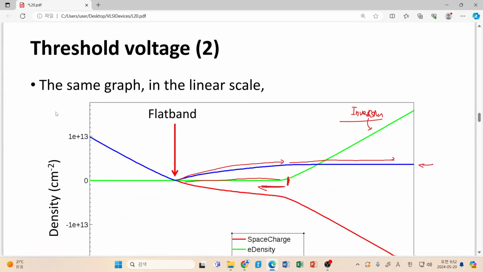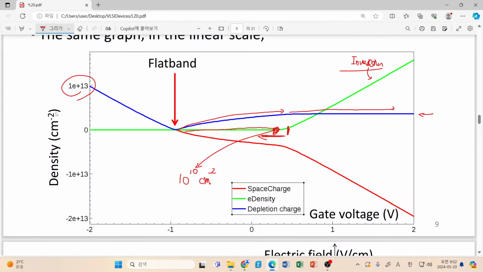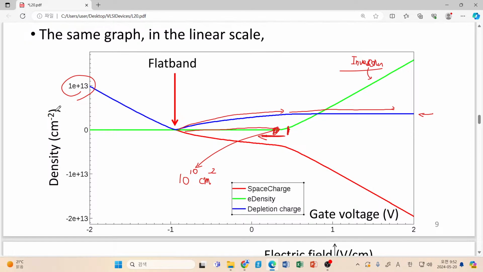However, in this linear scale, where the axis goes to 10 to the 13, 10 to the 10 is just 1/1000th of 10 to the 13. So it is not recognized as a meaningful number. So, no electron at all.